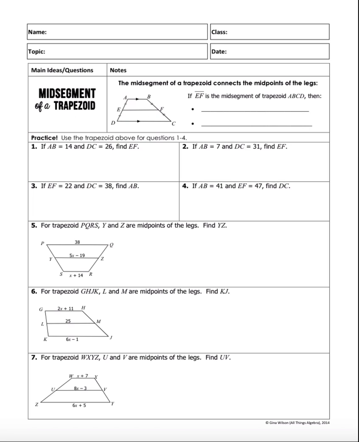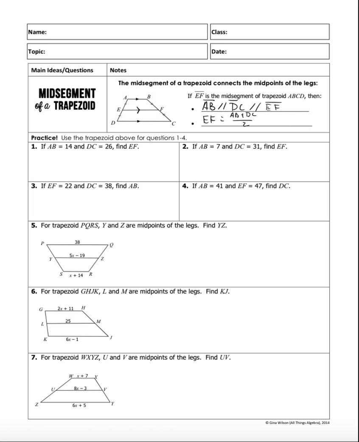AB is parallel to DC, like it's written, but EF is also going to be parallel. And the length of EF is going to be the average of the bases, so AB plus DC over 2.